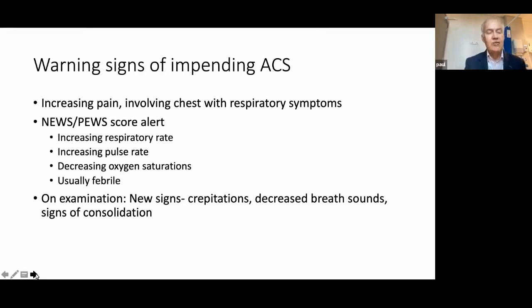Now, we use the National Early Warning System, or the Paediatric Early Warning System, in the UK National Health Service, and I'm sure that similar systems exist in other countries. And this is just a way of gauging the severity of the situation by measuring vital signs. And what you're looking for is an increased respiratory rate, an increasing pulse rate, decrease in oxygen saturations, and often a fever.